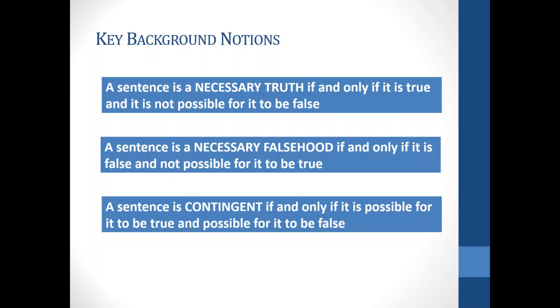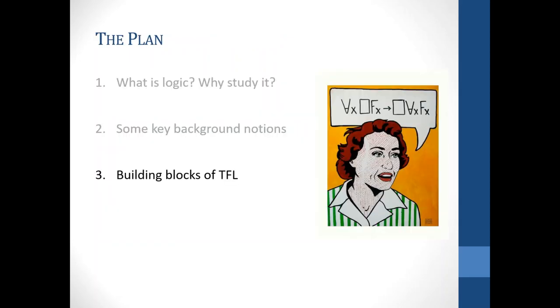Okay, so we've talked about joint consistency and inconsistency. We've talked about necessary truths, necessary falsehoods, and contingency. Most importantly, the sweet, sweet notion of validity. And soundness too, but whatever. I want to wrap up by talking about the first steps into our formal language, into truth functional logic. As a reminder, truth functional logic is a formal language, a tool designed to help us track things like validity.